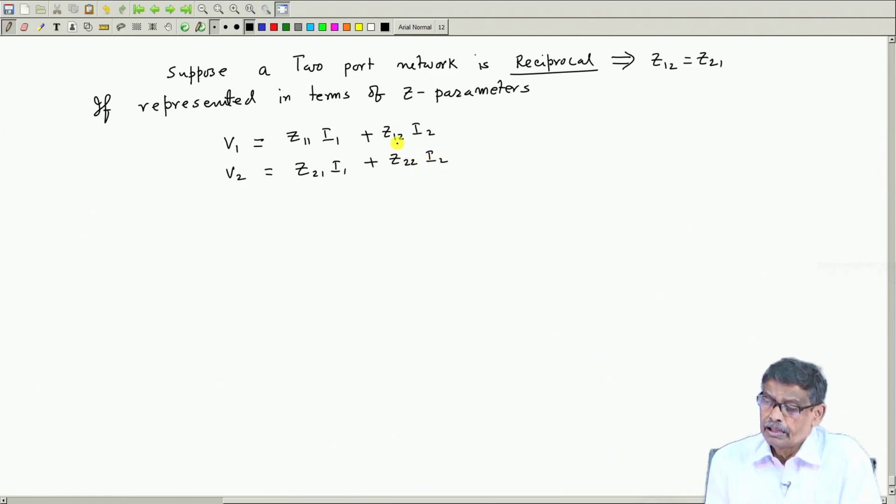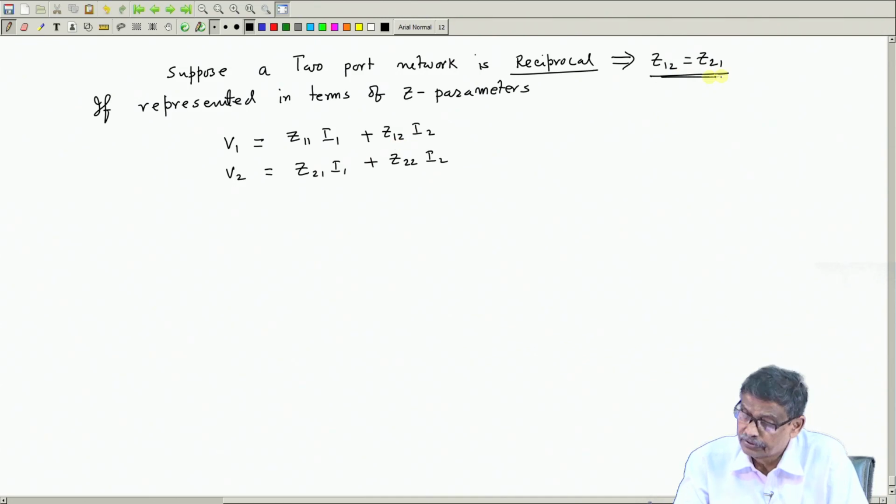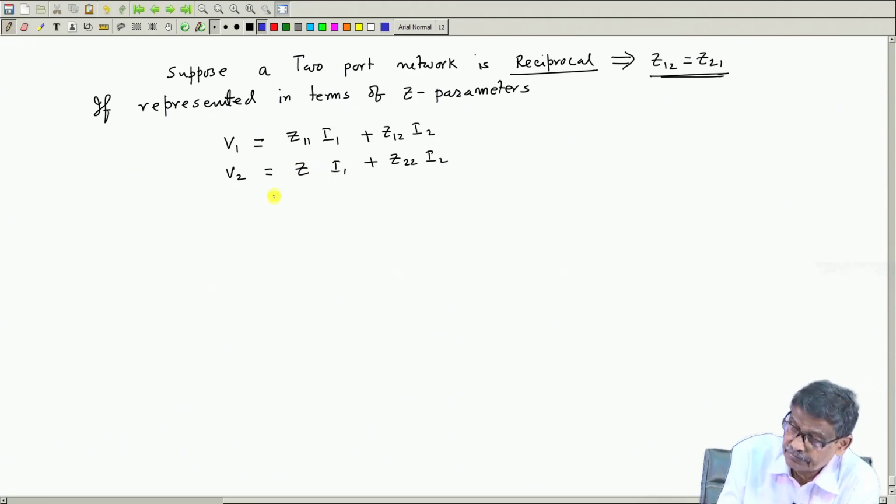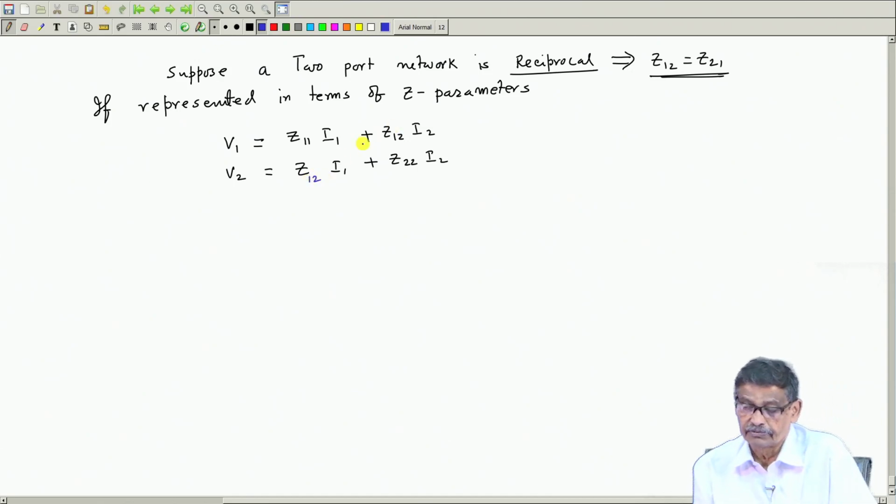But in that case Z12 is equal to Z21. So, writing this equation in matrix way, it is okay. I can replace this one by Z12 itself; off diagonal elements will be same, that is what we have found.